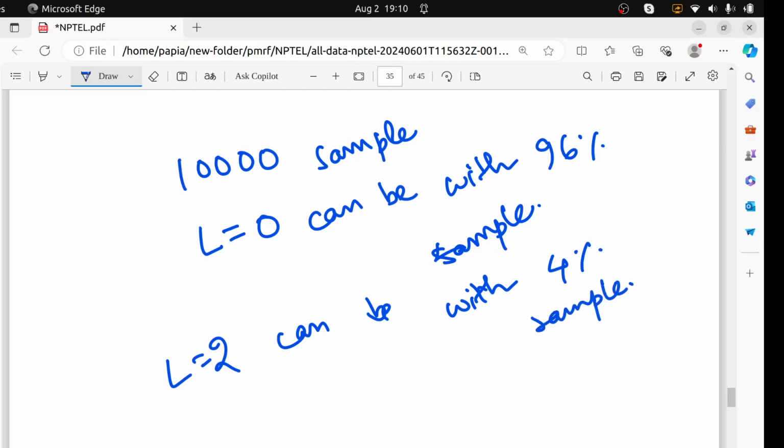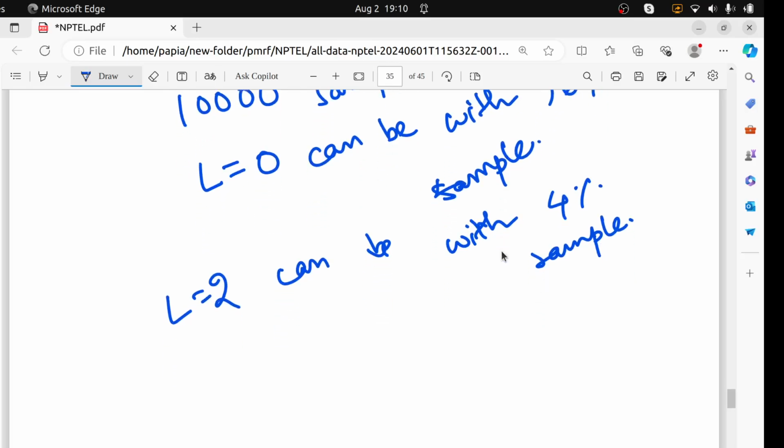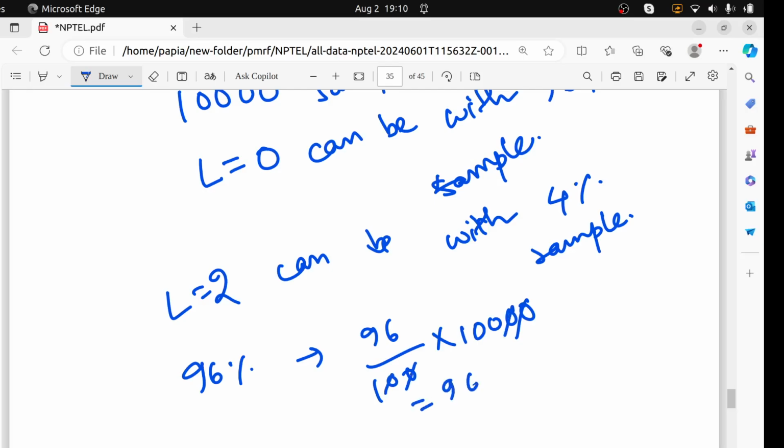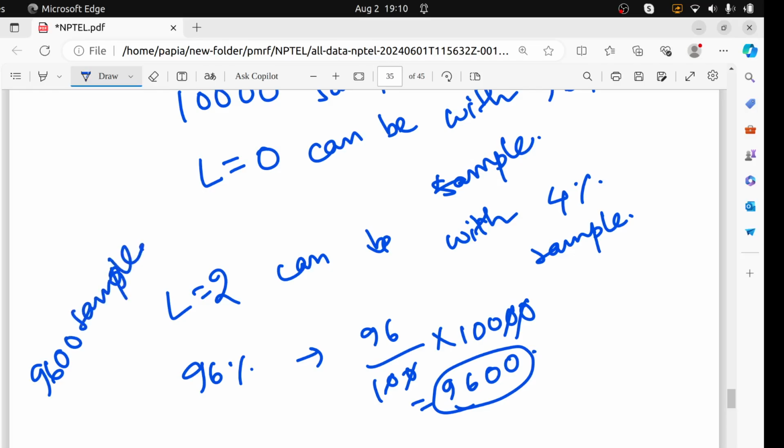So among 10,000, what will be the 96%? 96% means 96 divided by 100 into 10,000, right? So it is like 9600. So 9600 samples will be with L equals to 0 state.